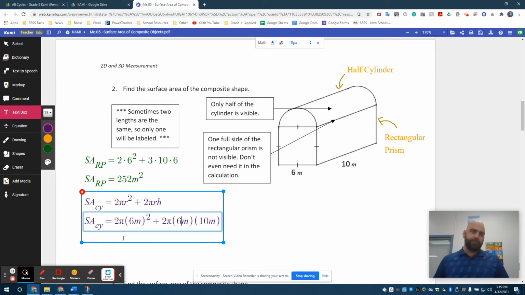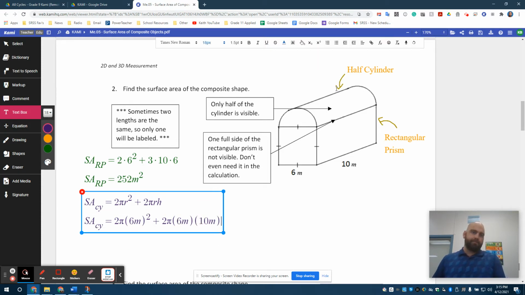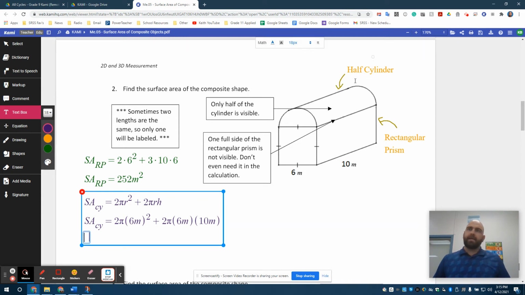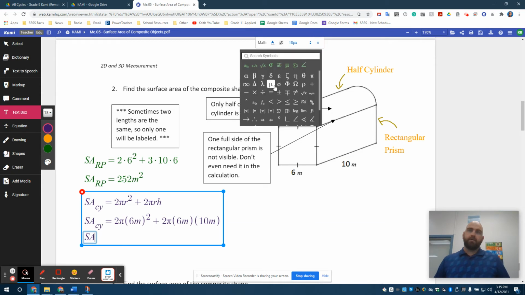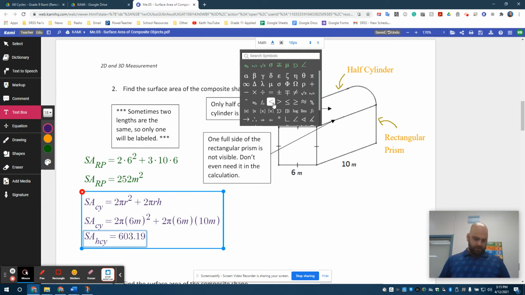And we get that our surface area, and again, now I'll put in actually here half cylinder, say a little h is half cylinder, is going to be 2 times pi times 6 squared plus 2 times pi times 6 times 10 is 603.19 meters squared. Now that is rounded.